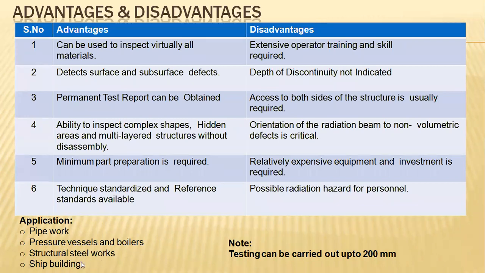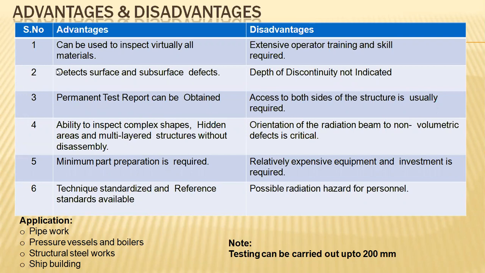Structural steel works: this is nothing but the consistency of thickness or strength and the internal structure of any kind of ferrous materials, which will be identified. And shipbuilding: is there any leakage happening, or are there any transparent flaws occurring? In that particular state also, this inspection technology plays a major role.